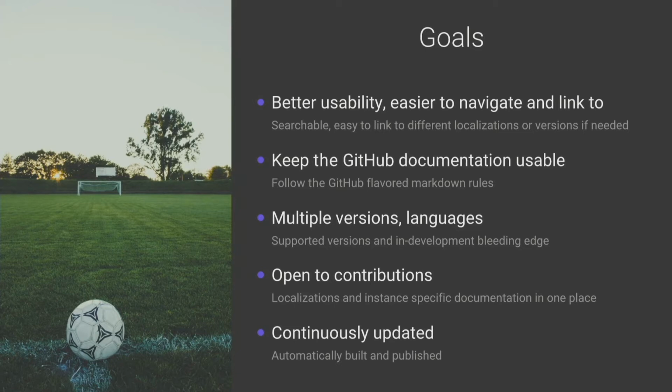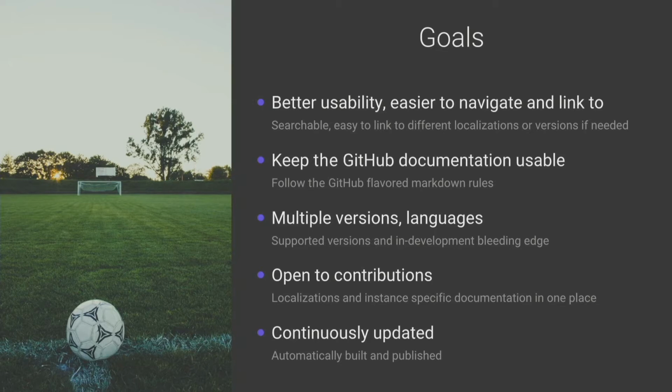We want it to be simpler to link to the documentation, whether it be for different localizations or different versions of the documentation, so that if it is an outside organization linking to our documentation, or even if we are linking internally between different versions or localizations, it would be better supported and easier to navigate between the different versions of the documentation.